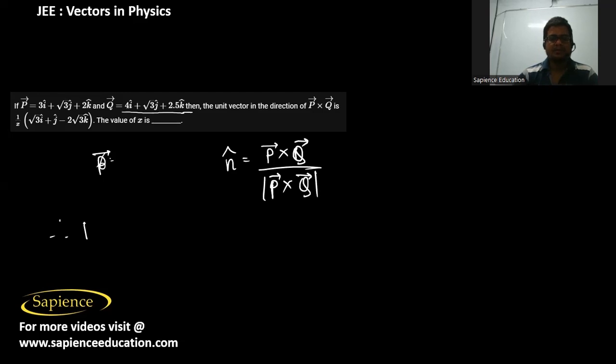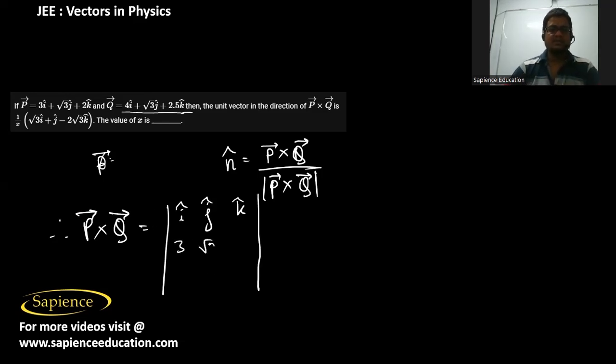So first we need to find the vector p cross q. That will be the determinant of i j k, and the components of p, that is 3, root 3, 2, and components of q, that is 4, root 3, 2.5. So this will be plus minus plus. So we have to expand this determinant.